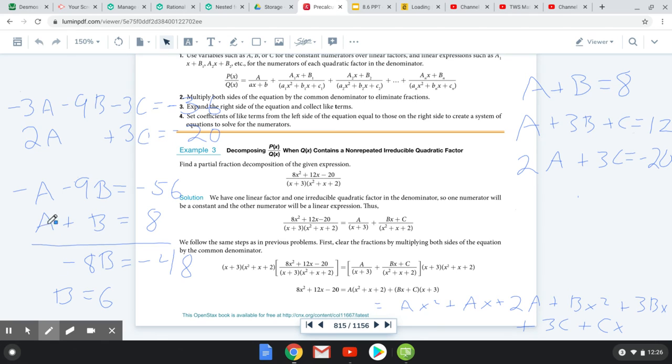So I know a plus b equals 8. So if b equals 6, a has to equal 2. And then I can substitute those two back in, or I could just plug the a into this one, probably the fastest. I can plug a into this one. So I get 2 times 2 is 4 plus 3c equals negative 20.